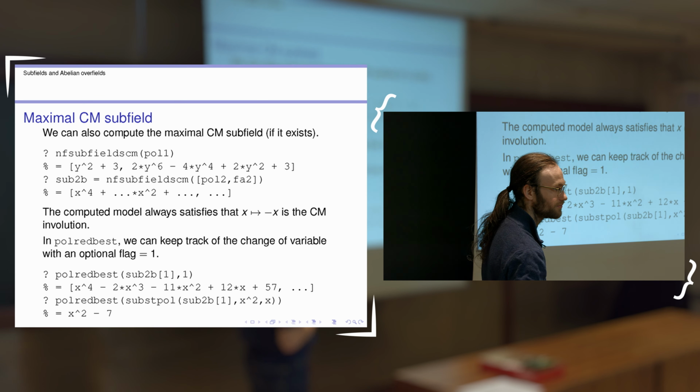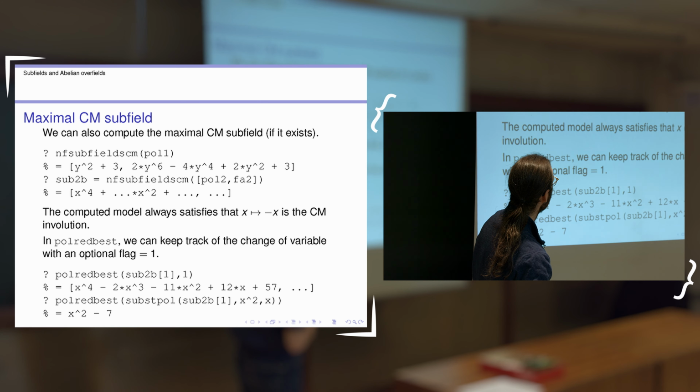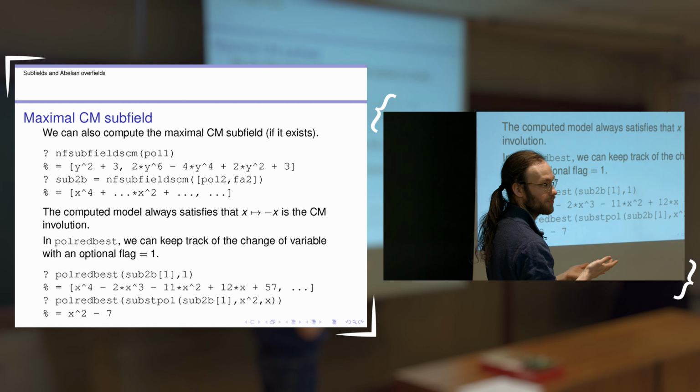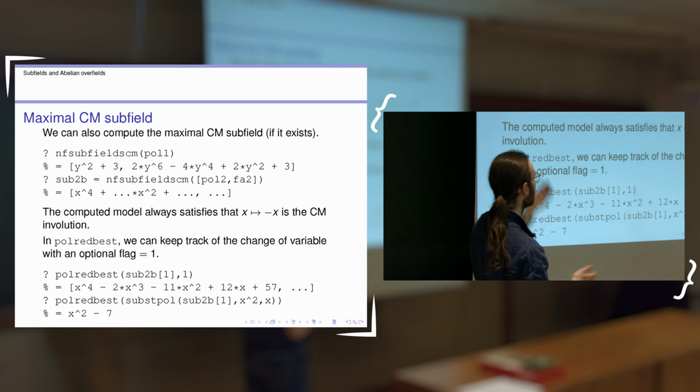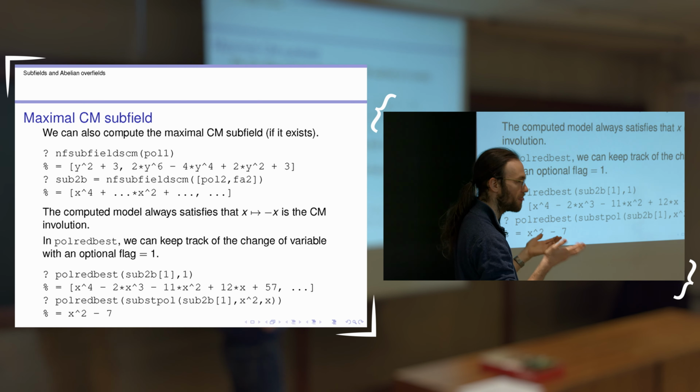What do we say, maximal? Can't there be several ones? The compositum of CM fields is CM. So if there is a CM subfield, there's a bigger one. There is a biggest one.